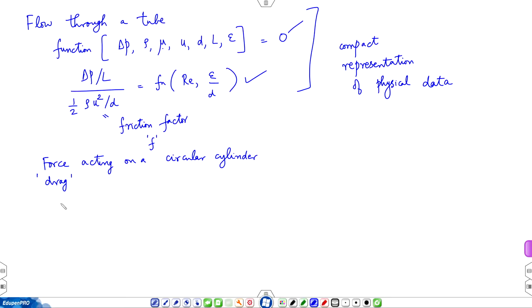So, this relationship was written as drag, rho, mu, u, d, l. There is epsilon also, but let us say for the time being we assume the surface of the cylinder to be smooth. So, epsilon is 0.